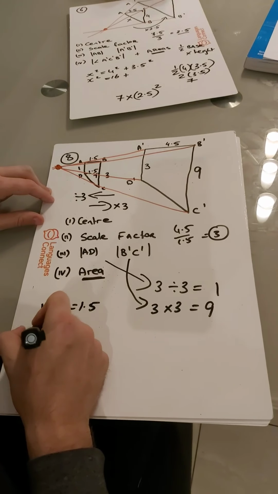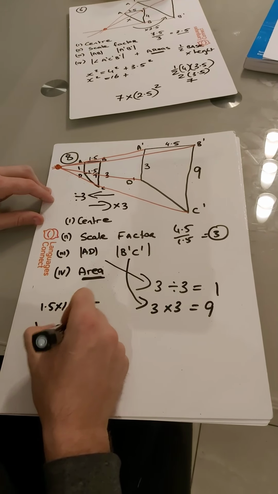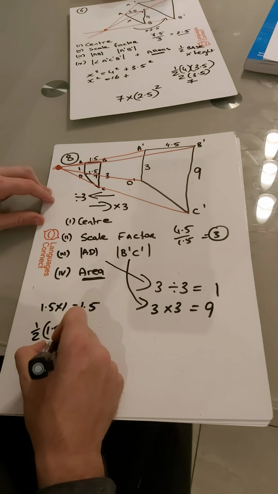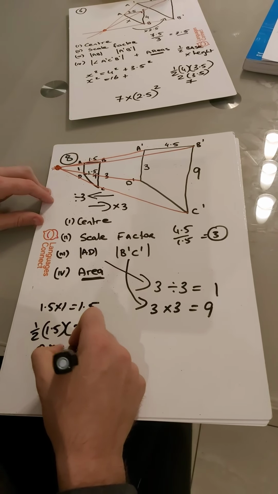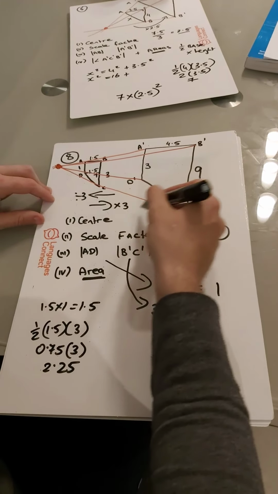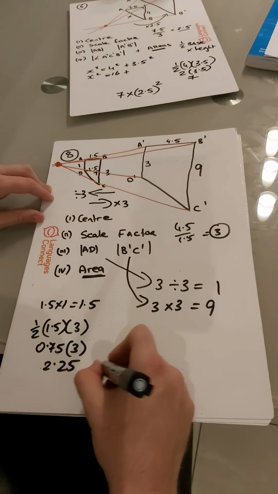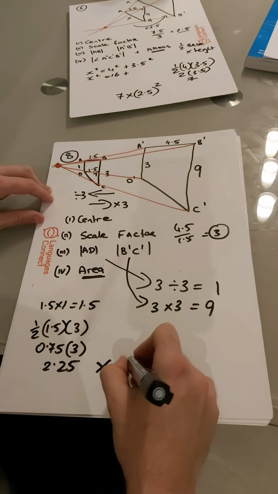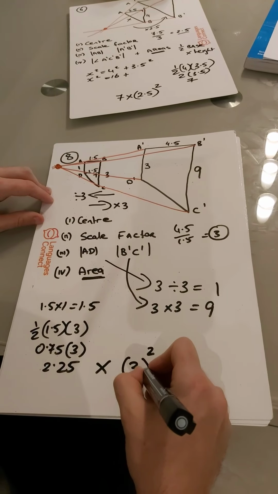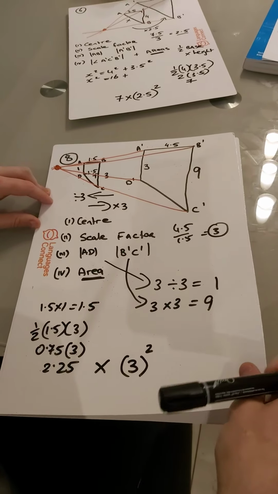So half the base by the perpendicular height, half 1.5 by 3, that is 0.75. 2.5 by 3, which is 2.25. If I want to find the area of the larger shape, I multiply by the scale factor squared. So 2.5 by 9 gives me the area of the larger shape.